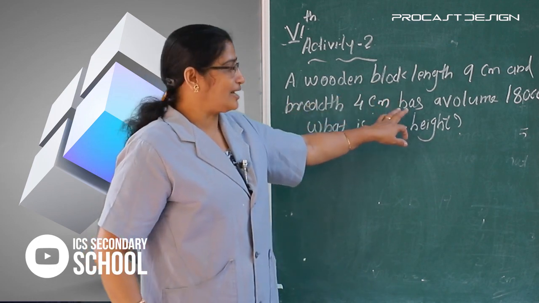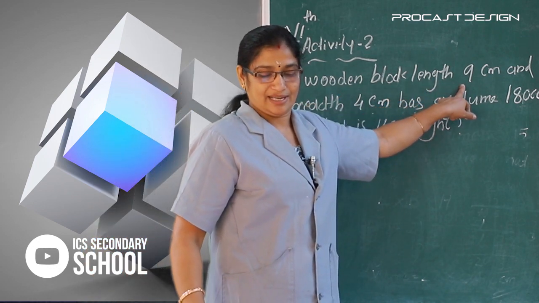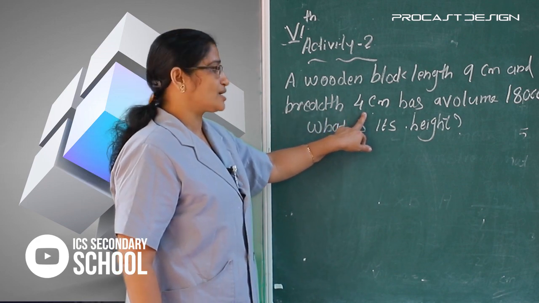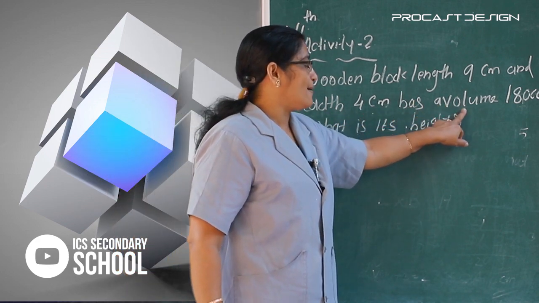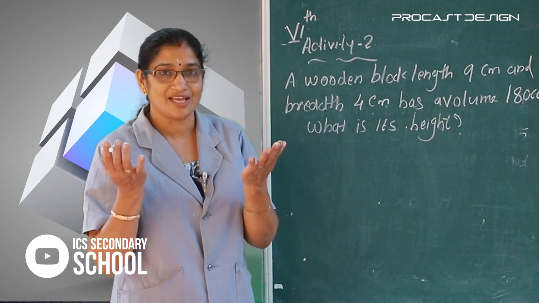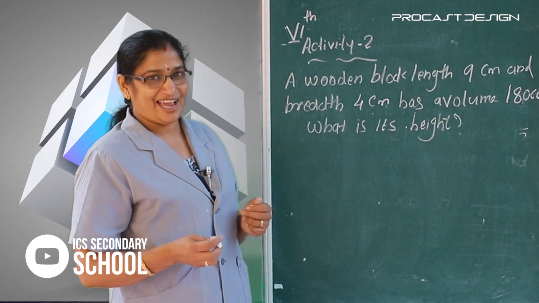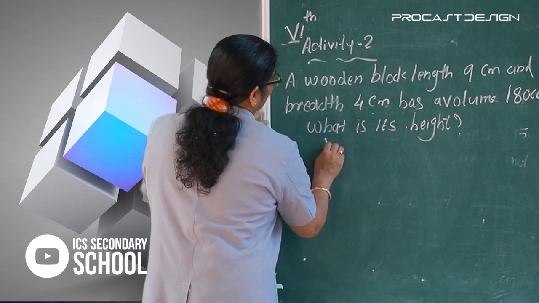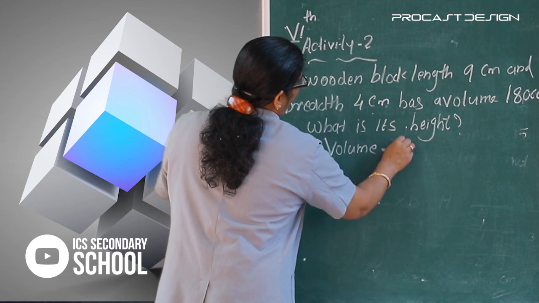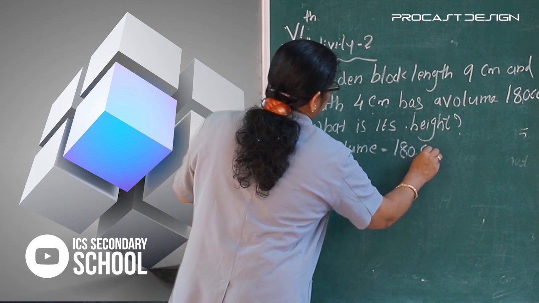A wooden block of length 9 centimeter and breadth 4 centimeter has a volume of 180 cubic centimeter. What is its height?